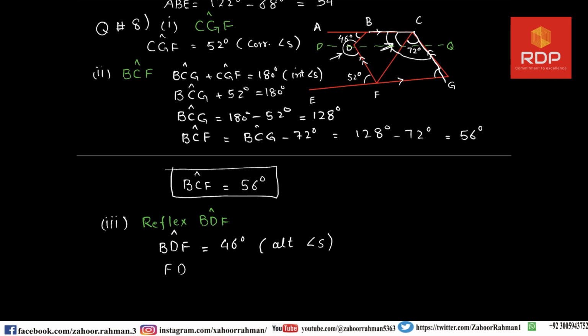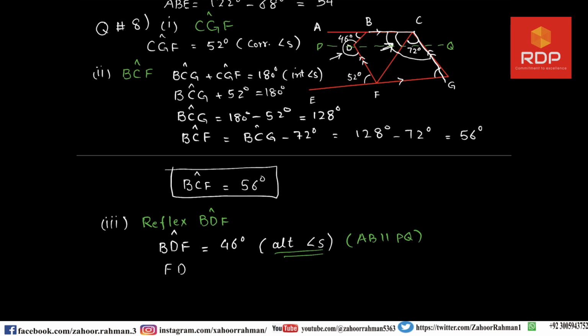So AB line here is parallel to PQ line, and we said that this is equal to due to the alternate theorem.